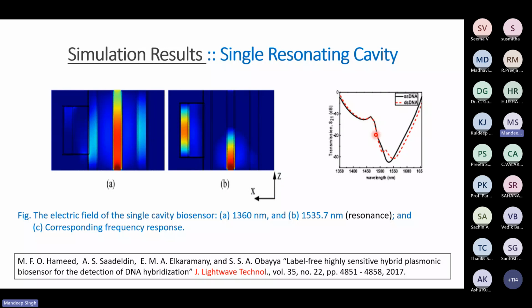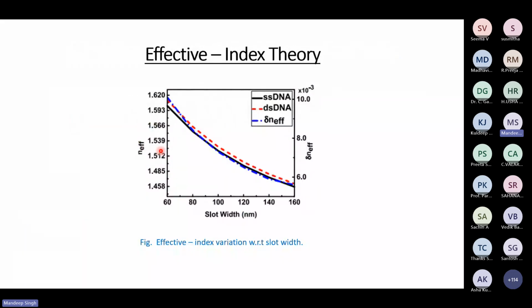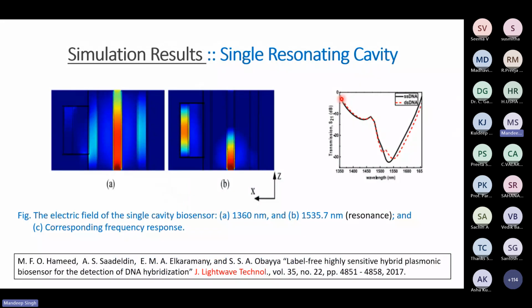Very clearly one resonating peak will come, and once you put a different N effective value for ssDNA and dsDNA, we will get two responses, the black and red color lines. Also you can clearly see there is a shift between the two DNA responses. Such a shift we can calculate, because it depends upon the refractive index.